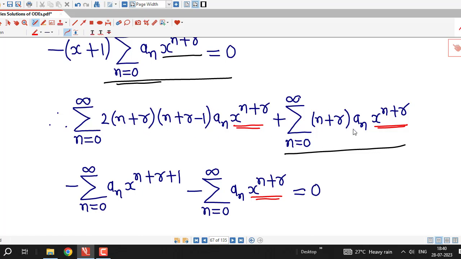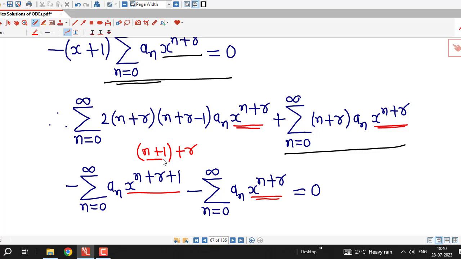So in all these three summations we have x raised to n plus r, but here we don't have x raised to n plus r. Instead of this we have x raised to n plus 1 plus r.